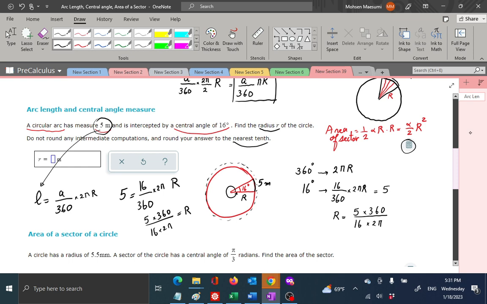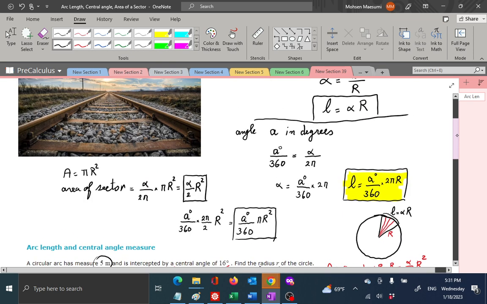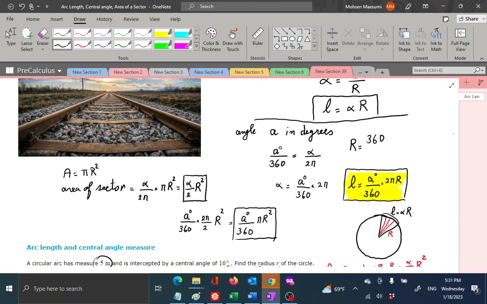So if you wish, you can make a different formula for yourself. If you want to insist on having a formula for r, it is 360 multiplied by L, divided by 2 pi times your central angle.